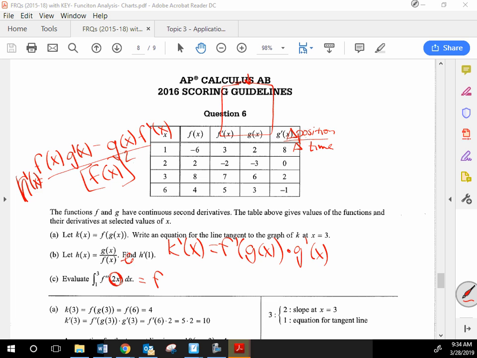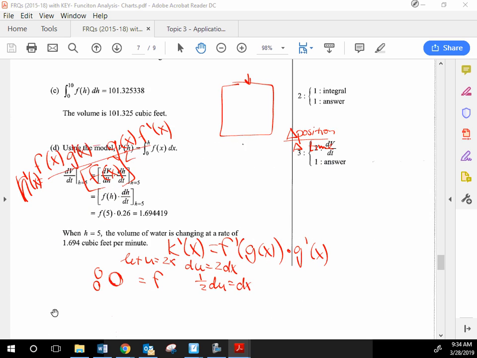So let u equal 2x, du equals 2 dx, so 1/2 du equals dx. You need to change your bounds and deal with that 1/2. When you do your antiderivative, we know it's going to be f prime. It's just you have to do that little mini u sub with it. And then I want you to look up at 2018.